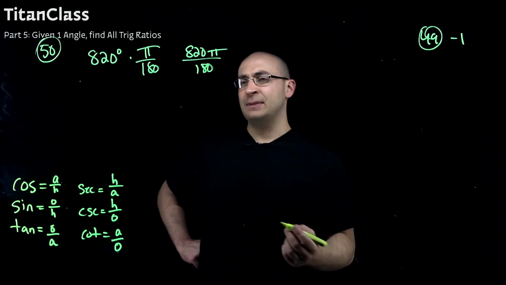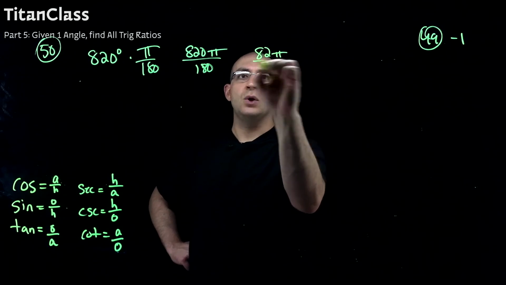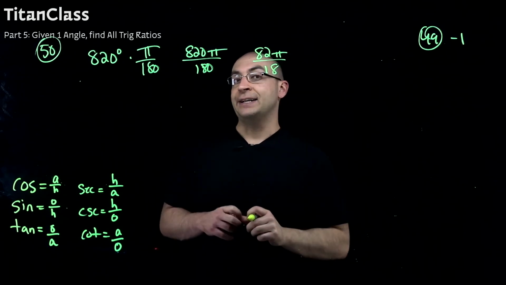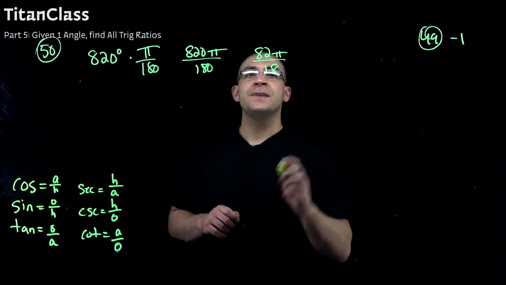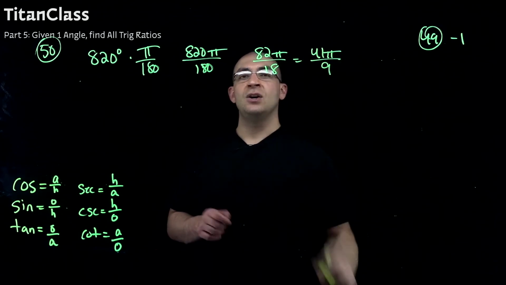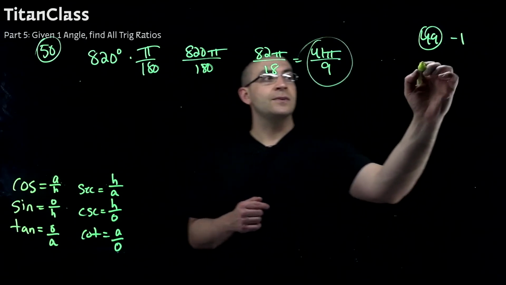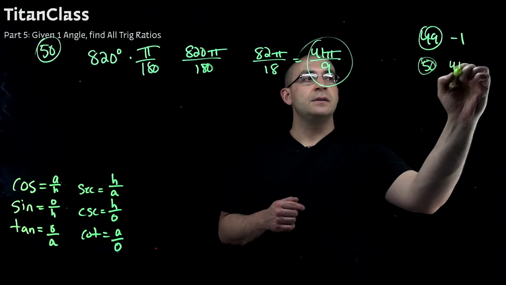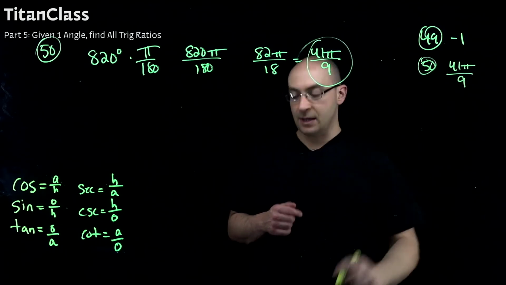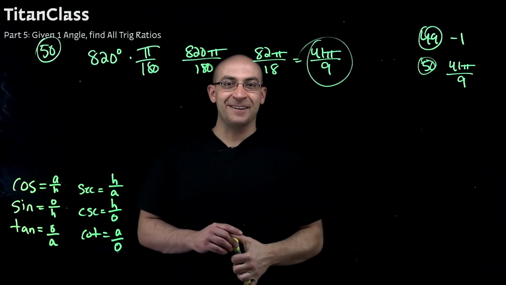I know they have a 10 in common, so divide by 10 on top and bottom gives me 82 pi over 18. I know they have a 2 in common, so let's go to 41 pi over 9. 41 is prime, so I know that my final answer for number 50, our last problem, is 41 pi over 9.